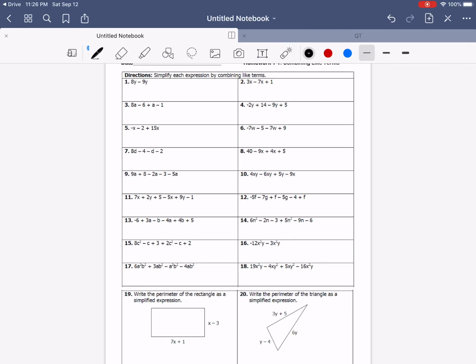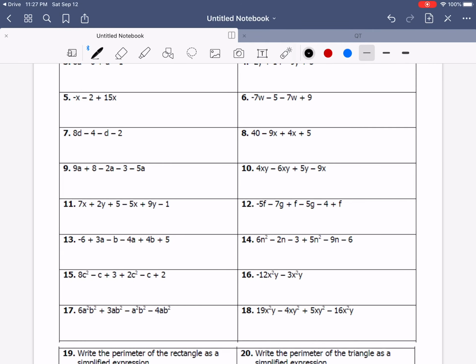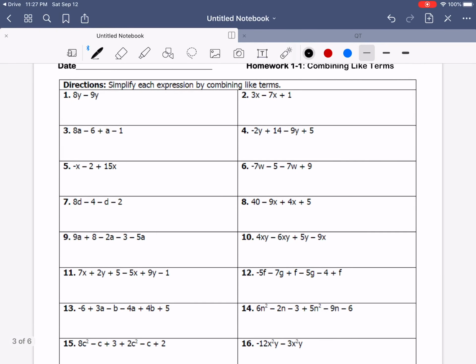But even if I go over the other half, it is your responsibility to copy it, okay? Because I want all 20 questions on your paper so that you can get used to this. All right, let's get started and see how long it takes.